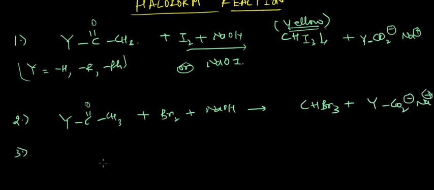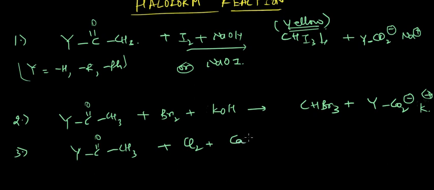Then if we react YCOCH3 with Cl2 in presence of, here we have to use KOH rather than NaOH, we'll get K plus. And with Cl2 plus Ca(OH)2, we'll be getting CHCl3 plus YCO2 calcium.